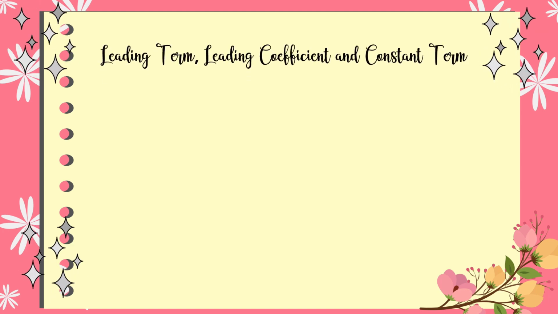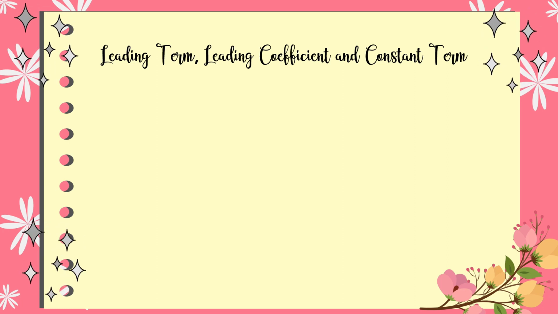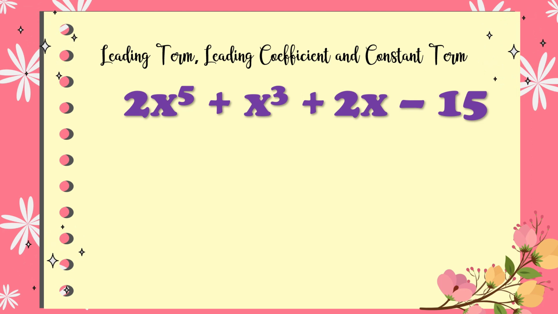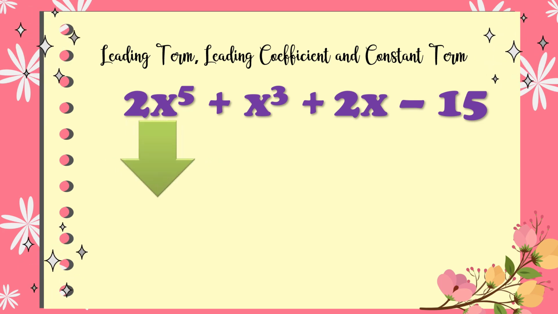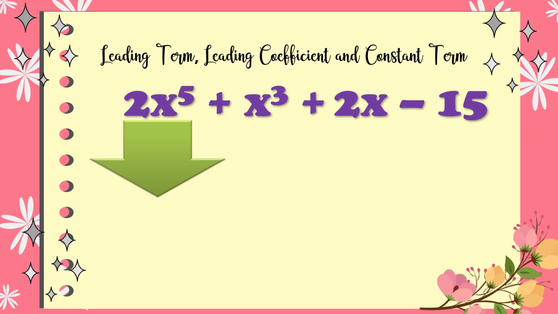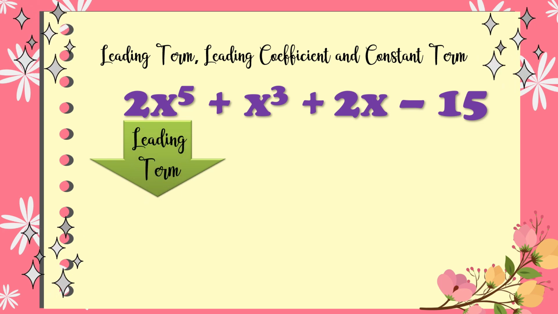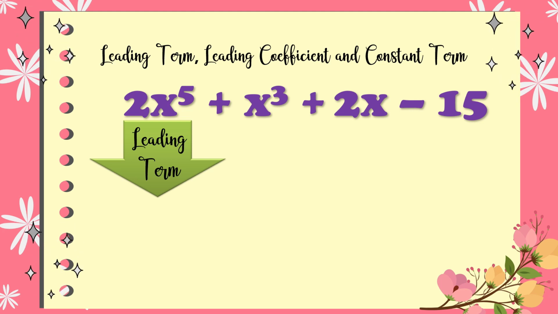Let us identify the leading term, leading coefficient, and constant term in the given polynomial. 2x raised to 5 plus x cubed plus 2x minus 15. So let us identify first the term with the highest degree, and that is 2x raised to 5. 2x raised to 5 is now our leading term dahil siya may pinakamataas na exponent.